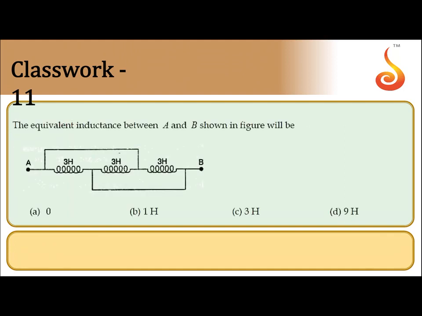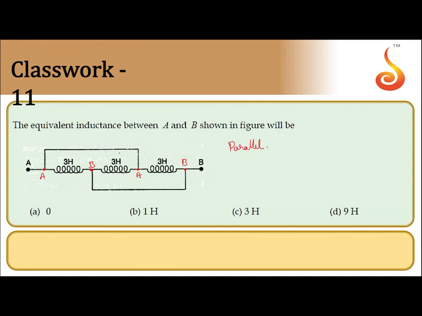Next, the equivalent inductance between A and B shown in the figure will be. Now remember one thing, inductors behave just like resistors. Now if you consider this circuit, observe these 2 points. This end is shorted with A, so this is A, this is B. Now observe this inductor, first one is connected between A and B, second inductor is connected between A and B, third inductor is also connected between A and B. So all the 3 are in parallel.